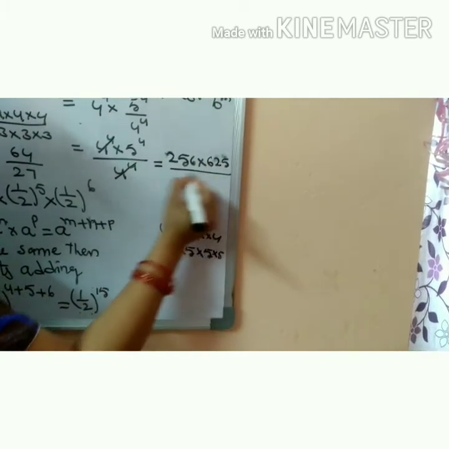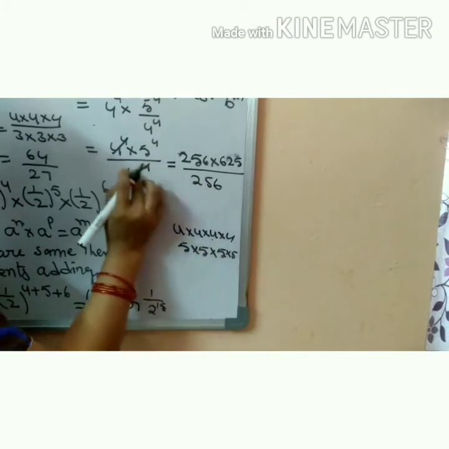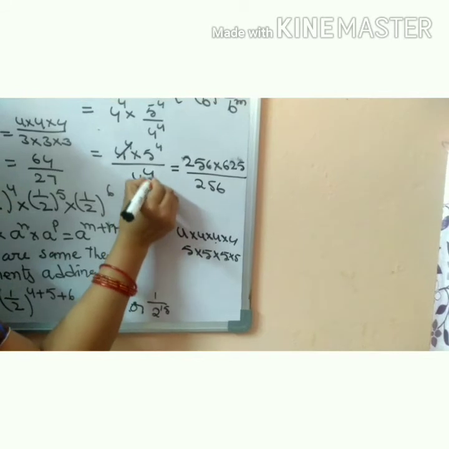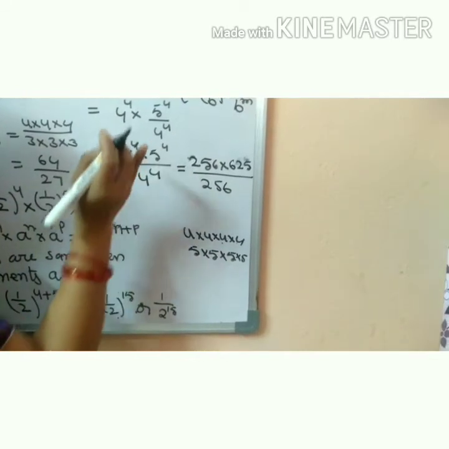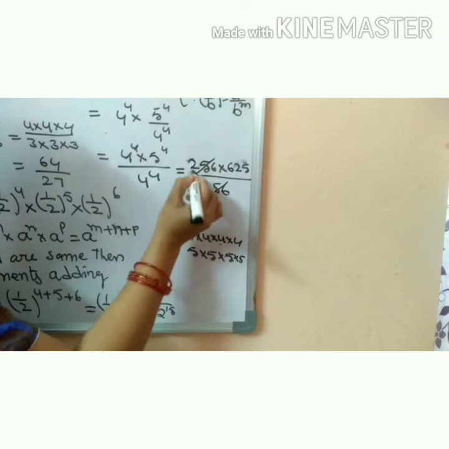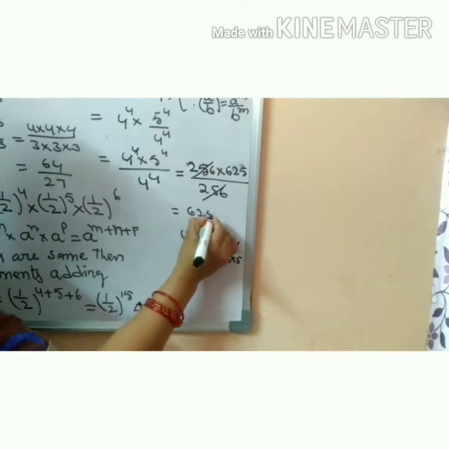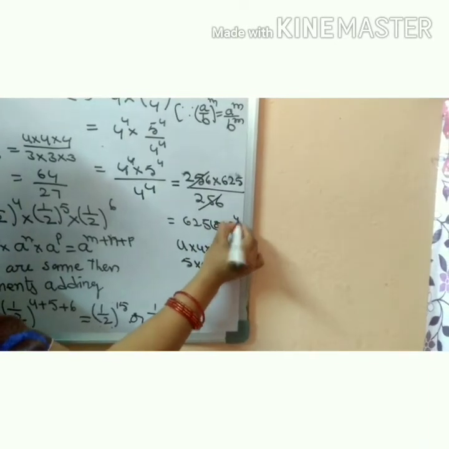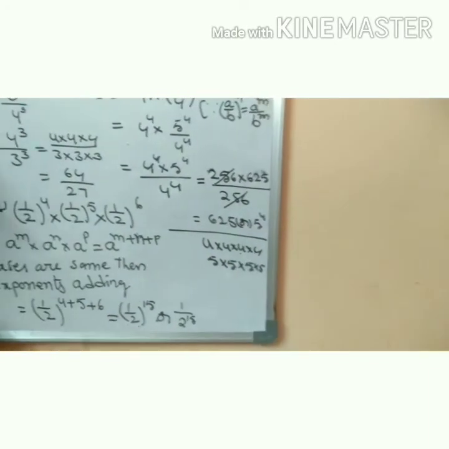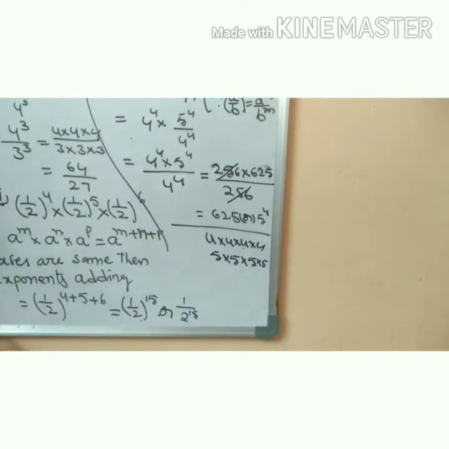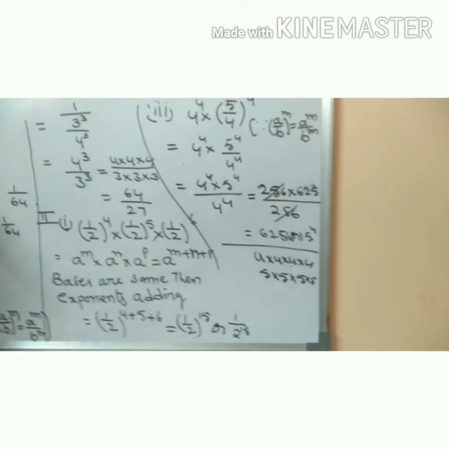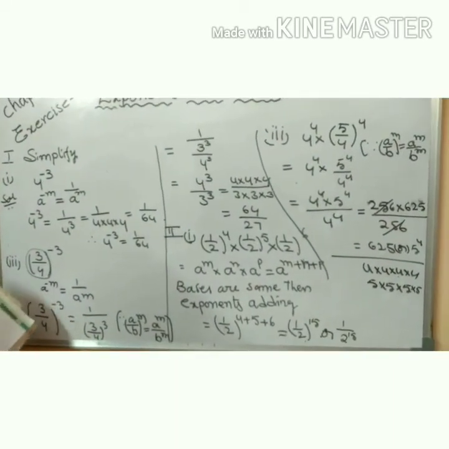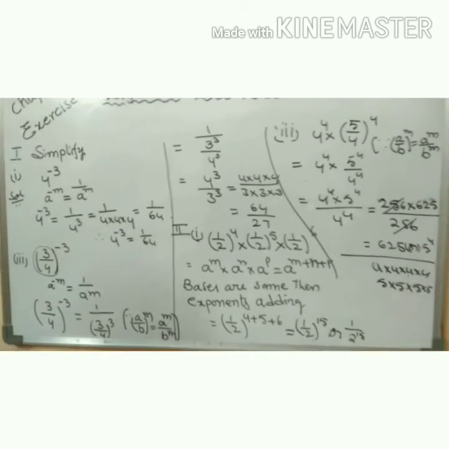Then 625 by 256. Cancellation is not possible in powers. So the answer is 625 or 5 power 4. Okay children, did you understand? In the second Roman numeral, the first and third are completed. Do the remaining problems as homework. If you have any doubt, contact me.